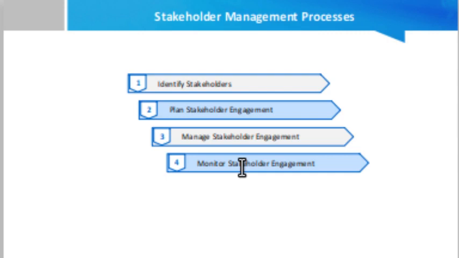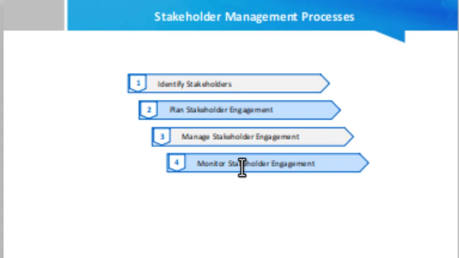Monitoring means, friend, that for example you have noticed that holding the steering committee once a month is not a good idea. You must hold the steering committee meeting within 2 weeks, after every 2 weeks. So you are monitoring the stakeholder engagement, and you are taking corrective actions wherever required.